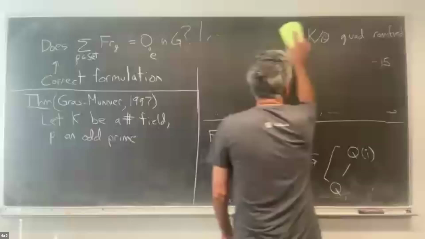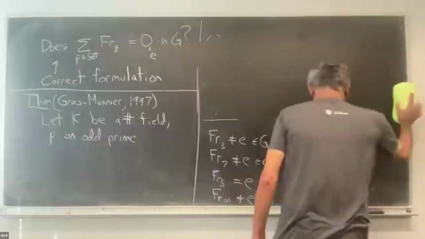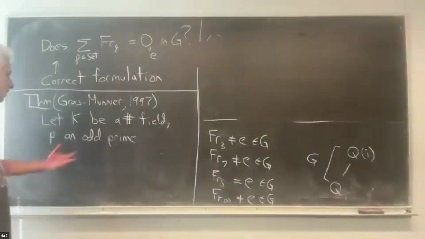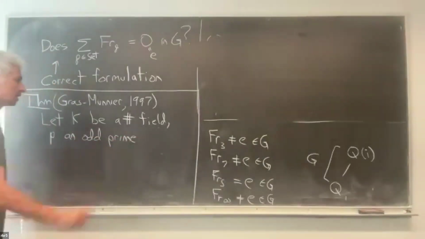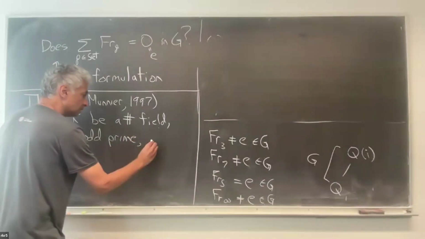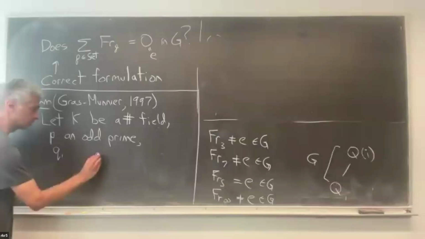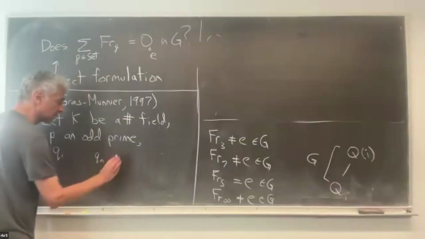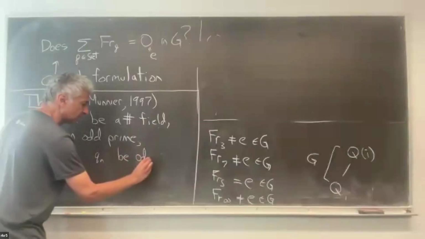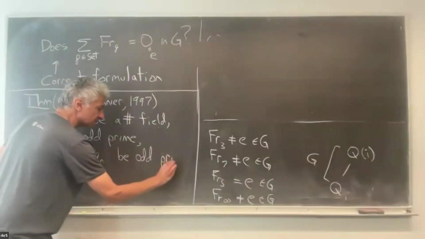Switching from multiplicative to additive group structures, that might happen again. And we'll have p be an odd prime. And we'll let q1 to qn be primes. It doesn't have to be odd, but it's just easier, and I don't want to waste time on the edge cases.